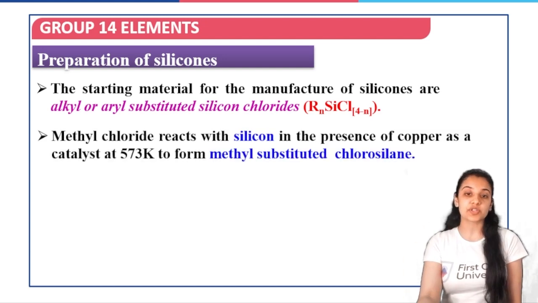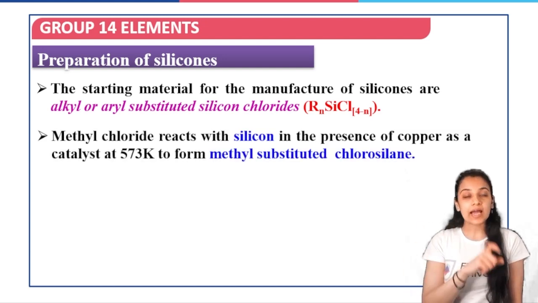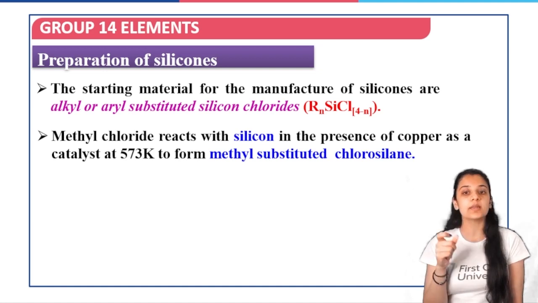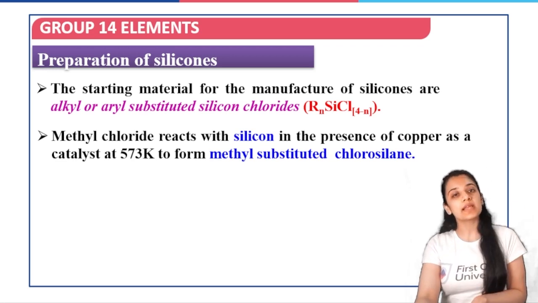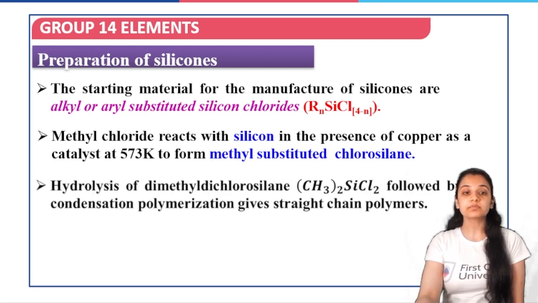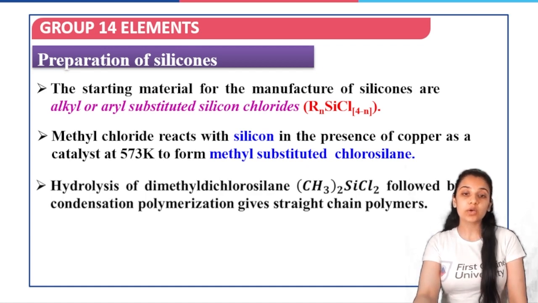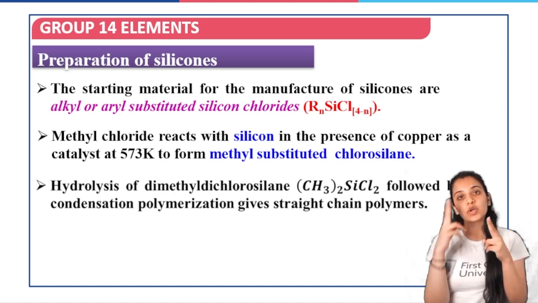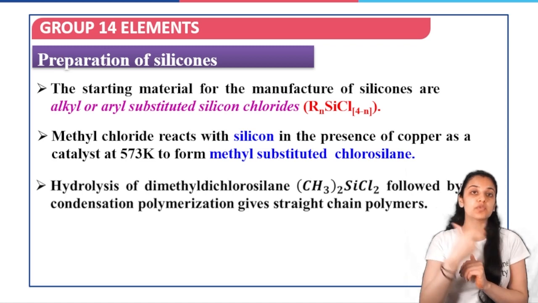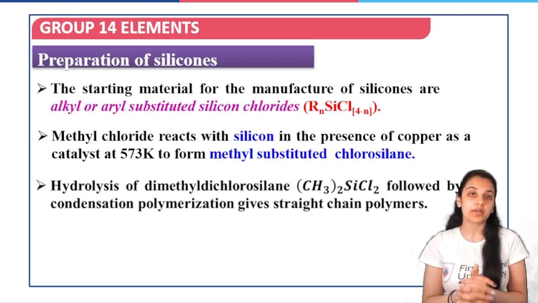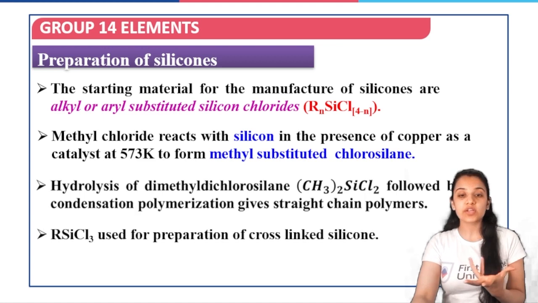What we do is that methyl chloride is going to react with silicon in the presence of copper as a catalyst at a temperature of 573 Kelvin in order to form methyl substituted chlorosilane. Now, hydrolysis of dimethyldichlorosilane, that is, 2 methyl and 2 chloro attached to silicon, followed by condensation polymerization, that is, removal of a small molecule like water or ammonia, is going to give straight chain polymers.